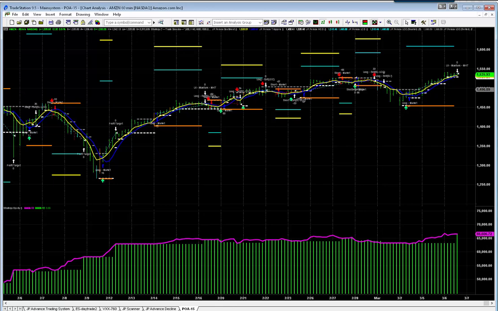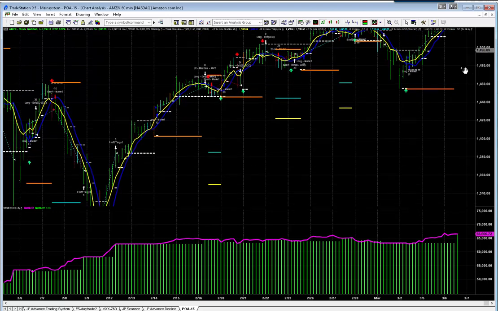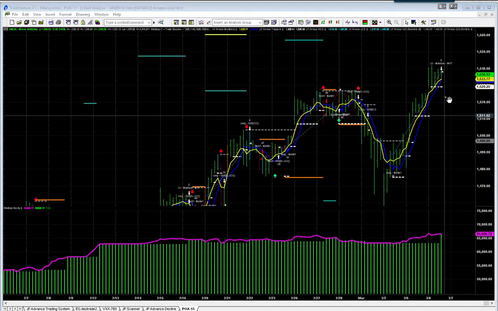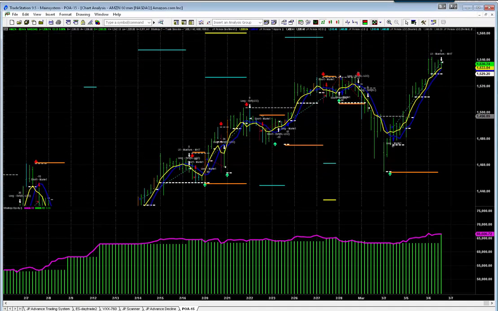Let's move into some other strategies that we're looking at. What I think is really appealing about this as well is that directional option traders can use this to capitalize on knowing what the risks of the trade are. In fact, if you look here, it shows the long entry right here. The orange level is where the stops would go.